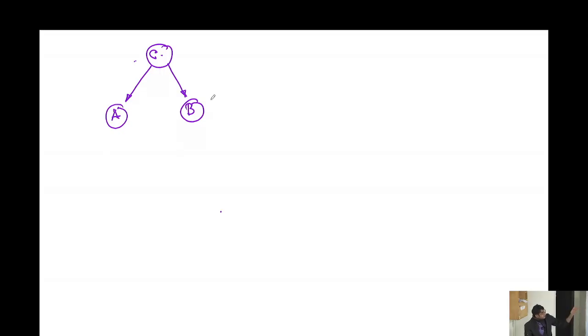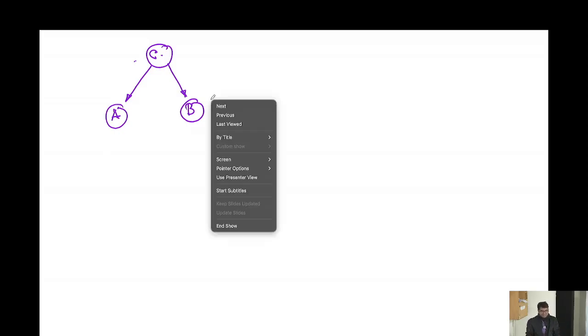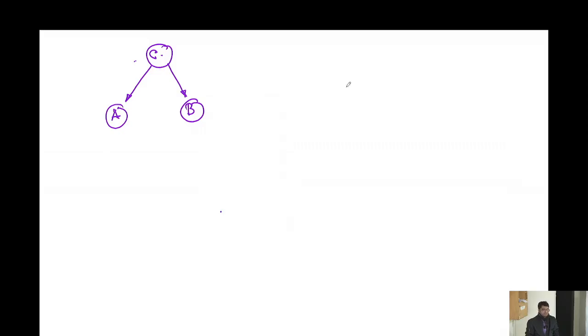In general, if you don't have these arrows, you can write probability of A, B, C in different ways: P(A,B) times P(C given A,B), or P(A given B, C), and so on. But as soon as you have this arrow, there is only one decomposition: probability of A multiplied by probability of B given A multiplied by probability of C given A. This is your decomposition for A, B, C. It becomes unique.